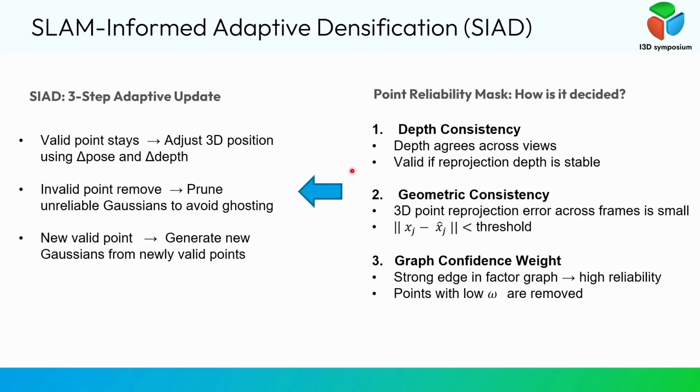So with this mask design, we make 3 different decisions: whether we adjust the current 3D GS points with the newly updated camera pose and depth, or we remove points because previously the point was here and in the new iteration it is removed. Then the Gaussian side will also keep removing this redundant point. And if a new point comes out from the SLAM tracking part, we generate new points accordingly.